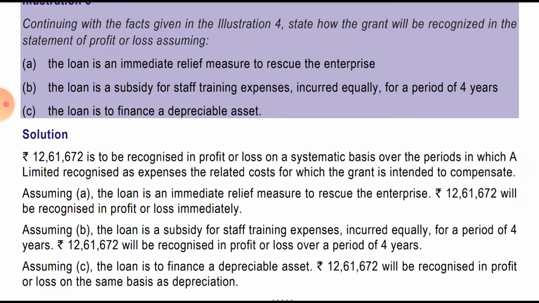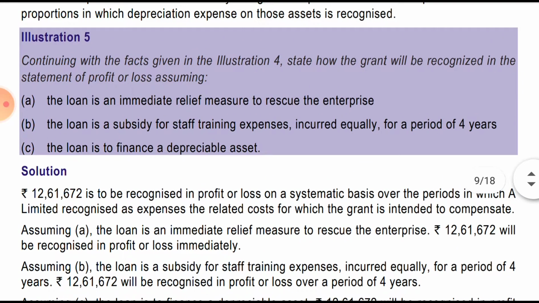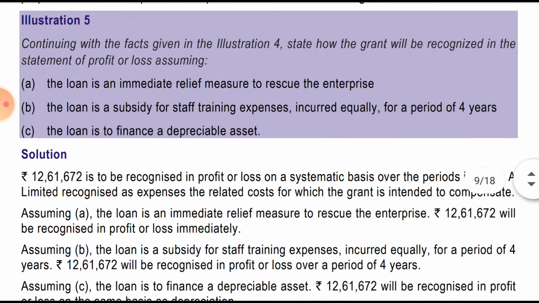Second, if the grant is a subsidy for staffing expenses incurred equally for a period of 4 years, then first we will credit it to deferred income 12 lakh 61,642, and then charge it to the profit and loss account over the period of 4 years on the SLM basis.